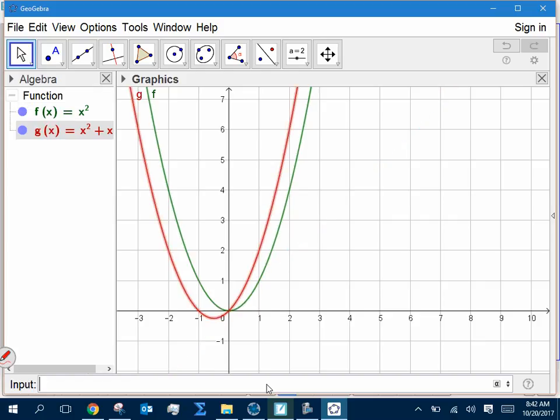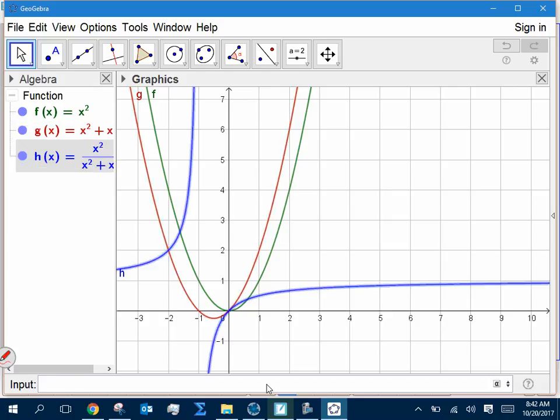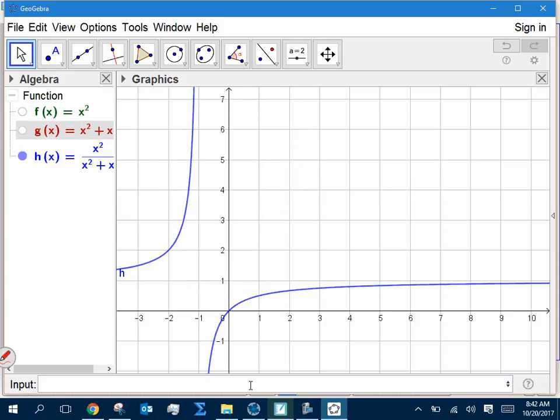Okay, so we have f of x divided by g of x. If we graph that, let's see here, remove these. Okay, so now I'm going to put the line x equals negative 1 in here.